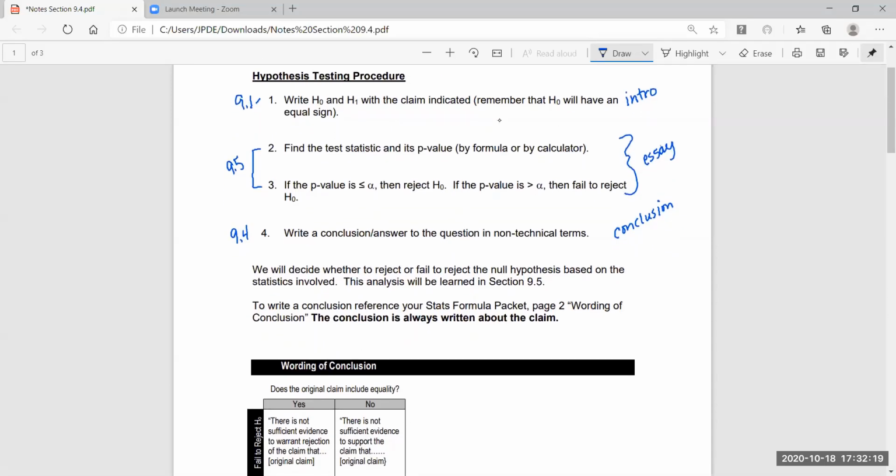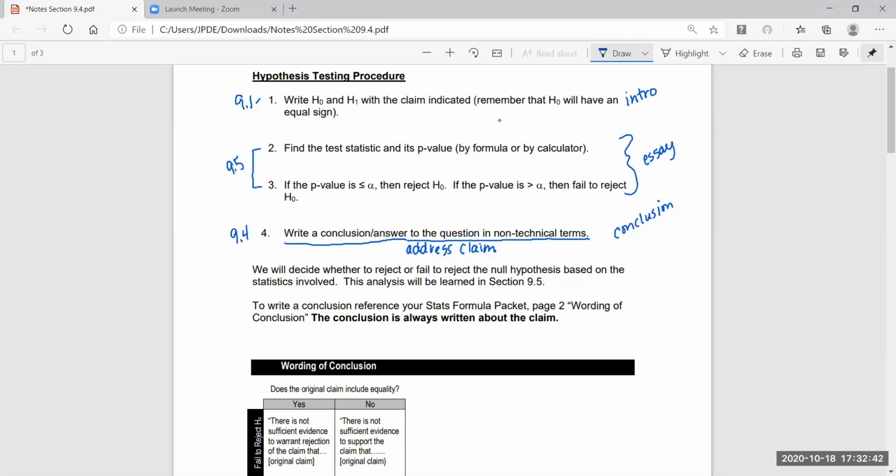So again, we're working on writing a conclusion or an answer to the question or to the claim. We're going to address the claim. Do we support the claim? Do we agree with the claim? Do we not support the claim?